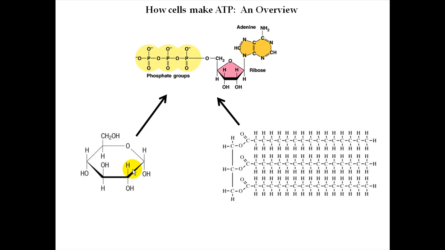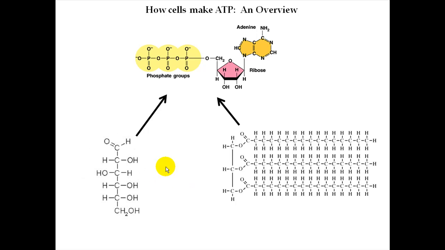What makes things like sugars and lipids have high potential energy is the fact that they have a lot of carbon and hydrogen bonds in them. And so if you can't see the carbon-hydrogen bonds in this glucose molecule, if we redraw it in its linear form, it'll make it easier to see. And again, the reason why carbon-hydrogen bonds are considered to be high-energy bonds is because carbons and hydrogens have roughly the same electronegativity.